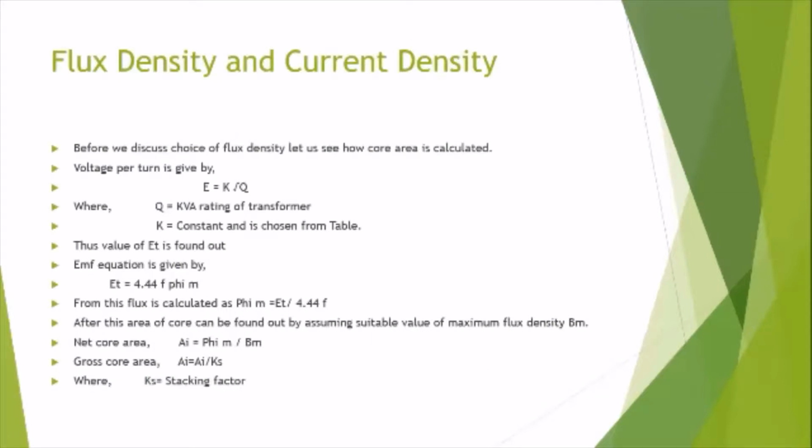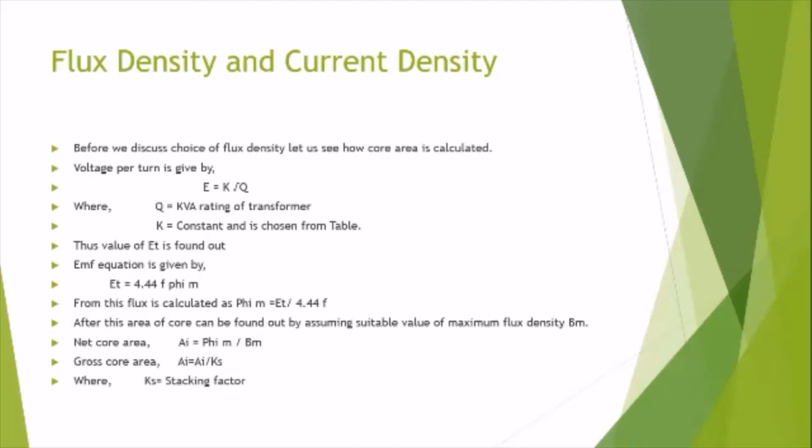Now, the relation between flux density and current density. Before we discuss choice of flux density, let us see how core area is calculated. Voltage per turn is given by E is equal to K into under root of Q, where Q is the kVA rating of the transformer and K is a constant, which is chosen from a table.